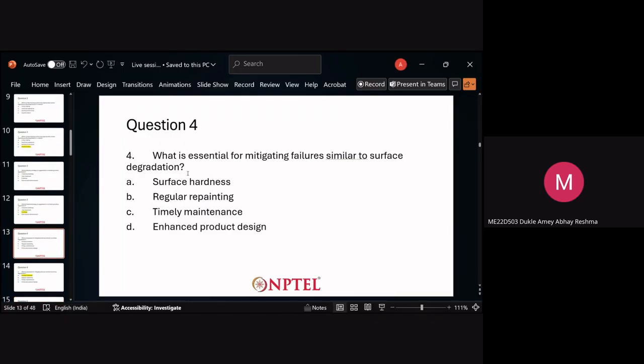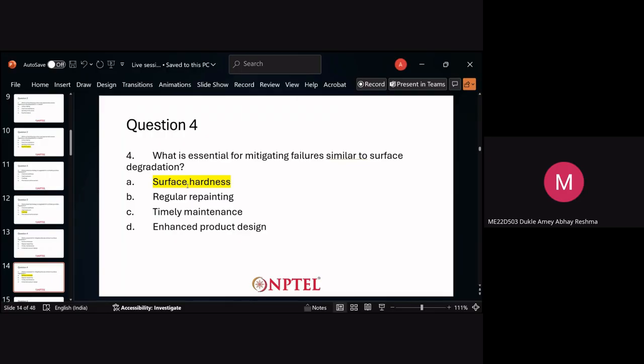What is essential for mitigating failure similar to surface degradation? Surface hardness, regular repainting, timely maintenance, enhanced product design. The answer given here is surface hardness. The logic is that if you have a very hard surface, it provides a resistance to mechanical action.